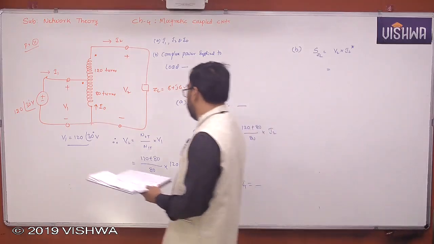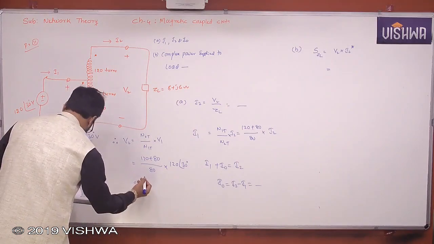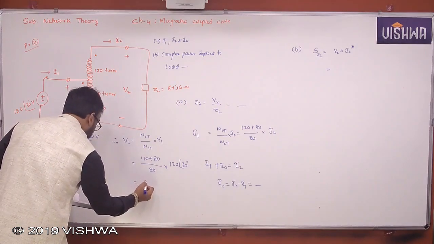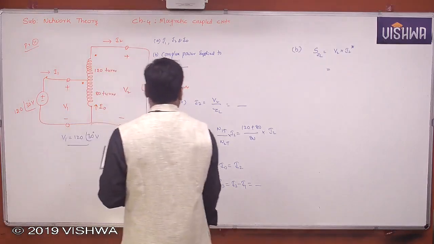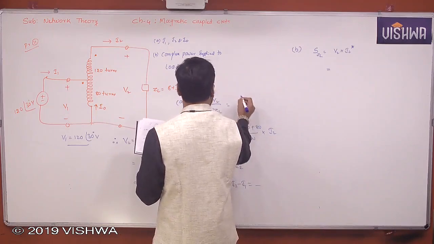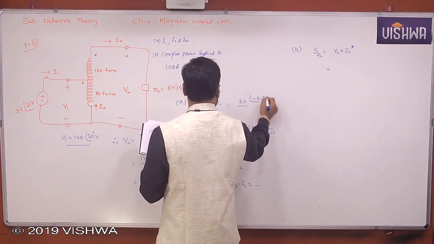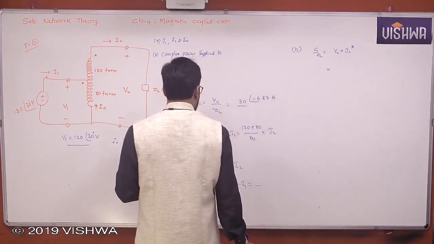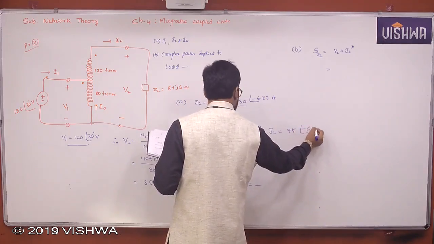The V2 value you get here is 300 at an angle of 30 degrees. The I2 value you get here is 30 at an angle of minus 6.87 amperes. I1 is 75 at an angle of minus 6.87.